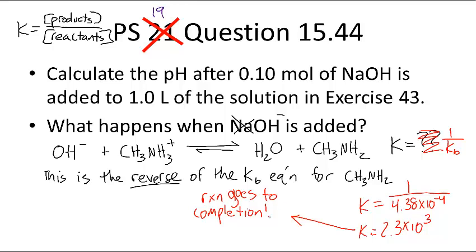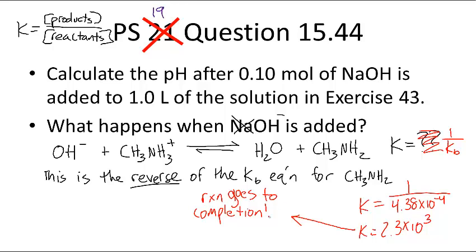But I force you to do it on problem set 19 so that you really internalize it. You're going to do it over and over until you see it and say, okay, every time I react a strong base with any acid or a strong acid with any base, the reaction will go to completion.